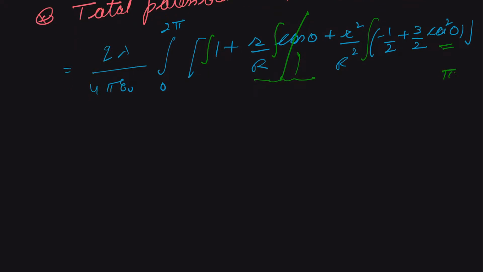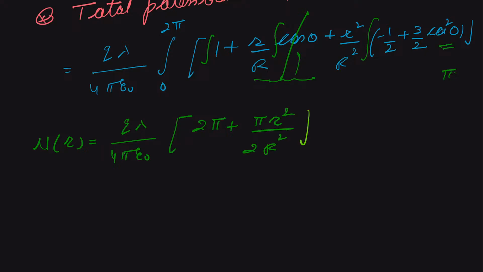Therefore, we can write that our total electrostatic potential energy U of r will be equal to q lambda upon 4 pi epsilon naught, times 2 pi plus pi r square upon 2 capital R square.